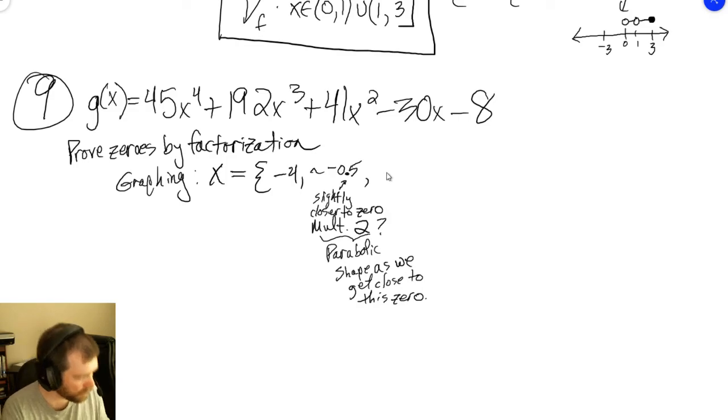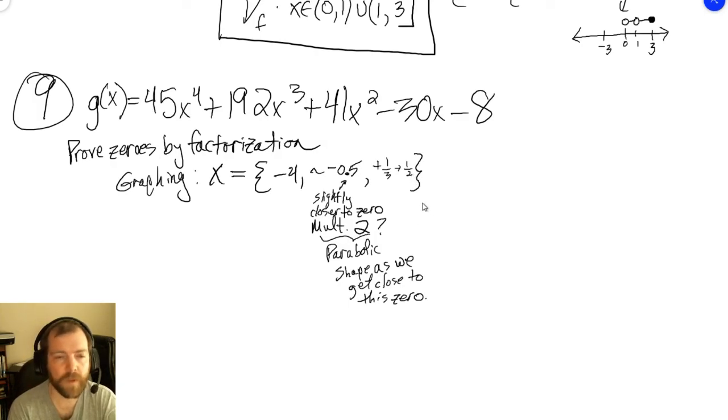Okay, and the other one appears to be close but positive, like positive 1/3 to a half. Don't know exactly what it is, but we'll figure it out.